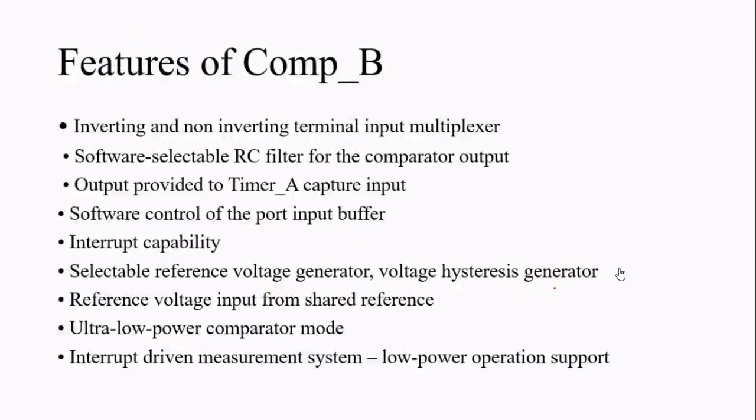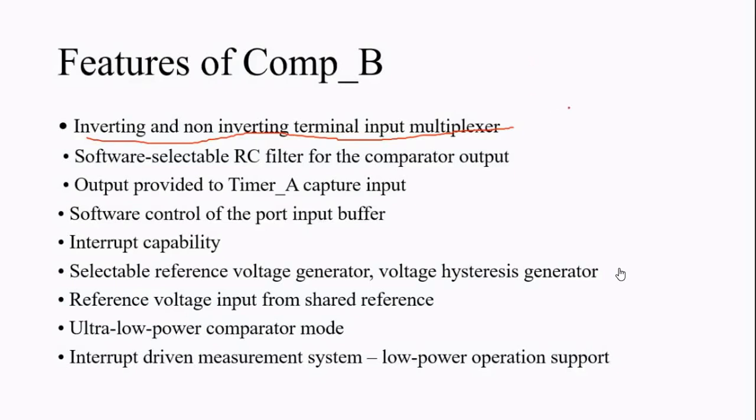First, let us see the features of comparator B. The first one is inverting and non-inverting terminal input multiplexers. In this comparator, more than one input is available at the input terminal, and you can select any one.